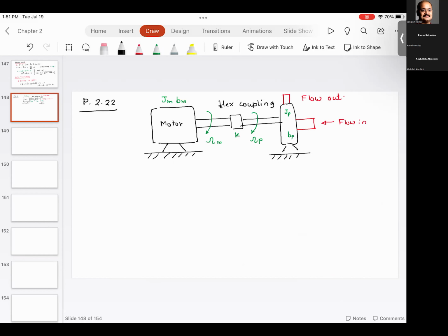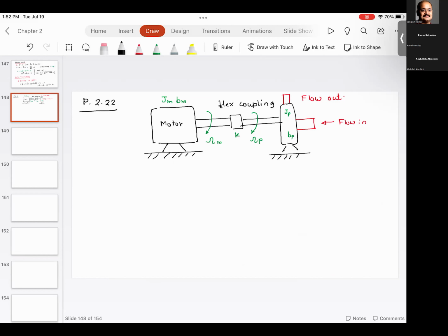Now in this problem, Jp is the moment of inertia of the impeller. Capital omega m is the angular velocity of the motor. Capital omega p is the angular velocity of the pump shaft. K is the torsional stiffness. Now please understand that when the torque is transmitted, it has to get transmitted through the flexible coupling.